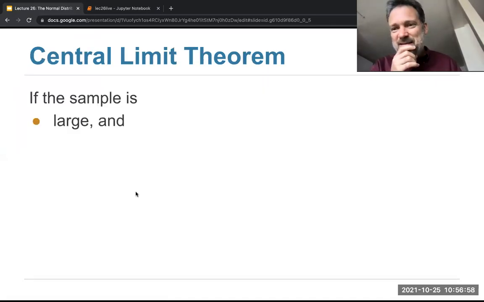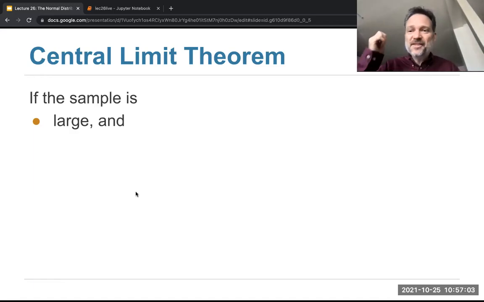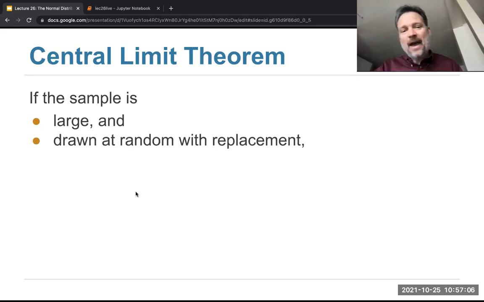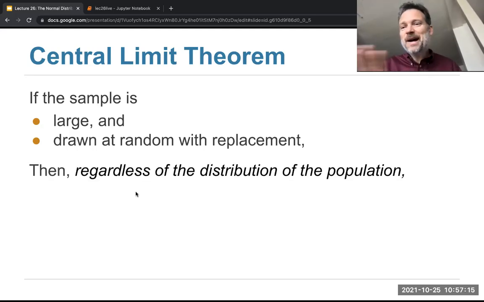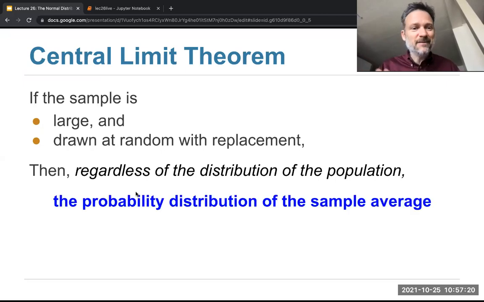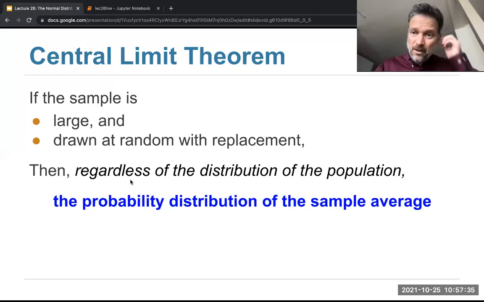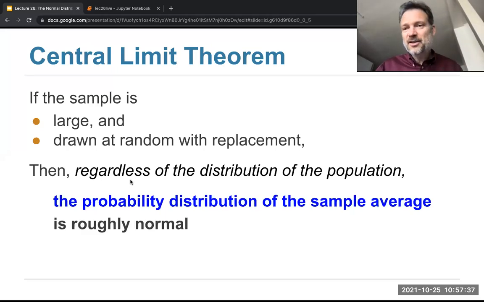The central limit theorem says, in general, if you take a sample that is large and drawn at random with replacement, as we did in this example, then no matter what the population distribution is, it doesn't have to be normal, it could be some crazy thing, the distribution of the sample means is roughly normal.